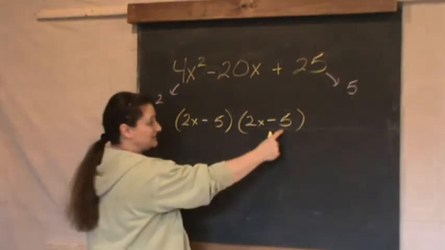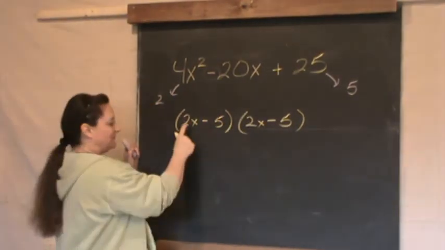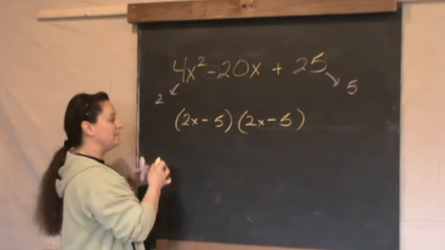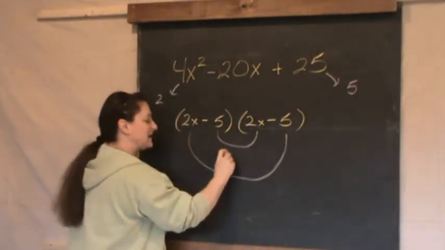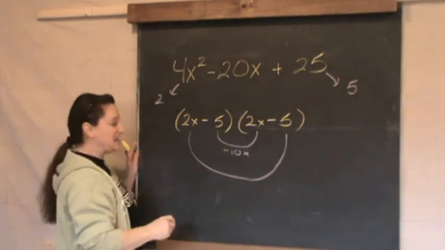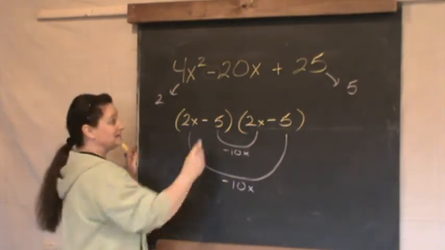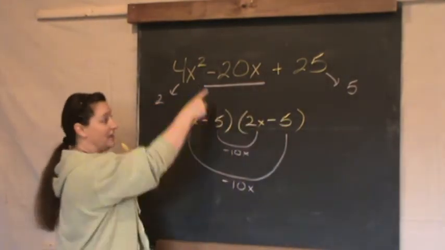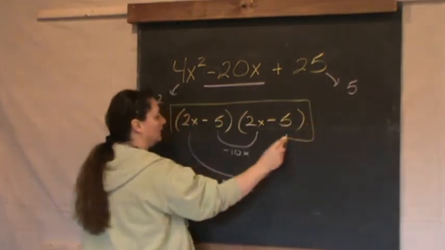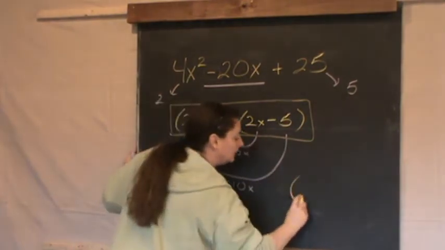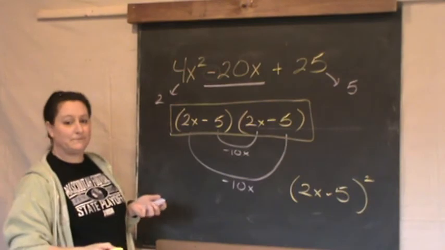When I do negative 5 times negative 5, two negatives give us a positive, so that's okay. And of course, 2x times 2x will give us 4x squared. Negative 5 times 2x would be negative 10x. 2x times negative 5, also negative 10x. There's that negative 20x we needed. So, final answer. Either write that out twice, or write it like that.